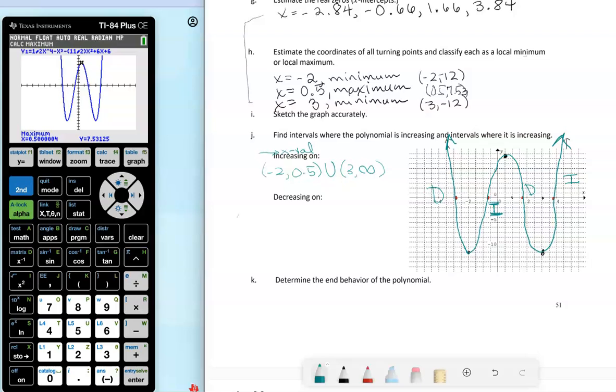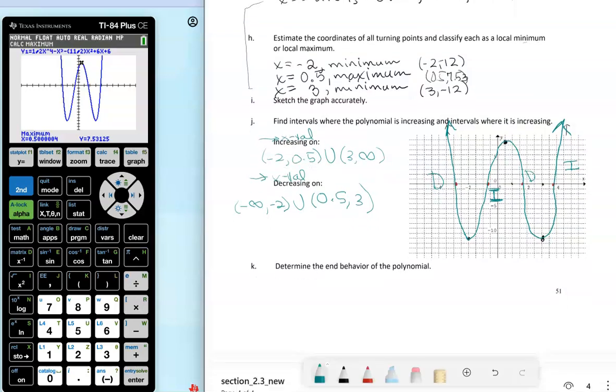It's decreasing from -infinity to -2, to there. And it's decreasing from this maximum, 0.5, to this minimum, which is 3. Once again, decreasing uses x values on its intervals.